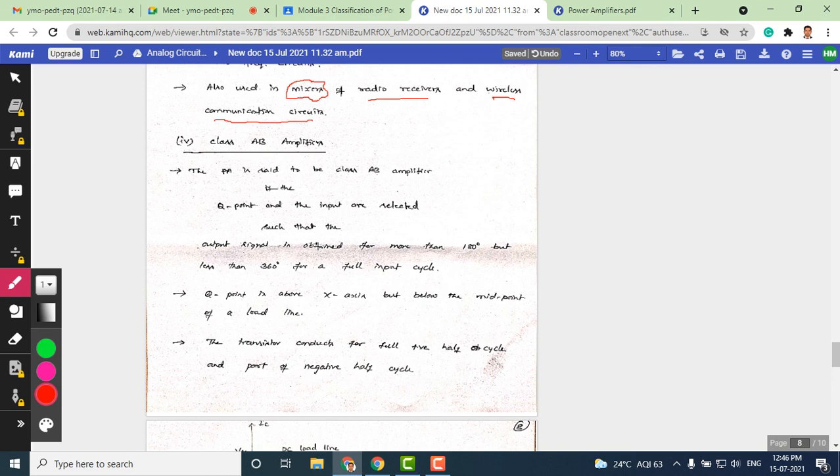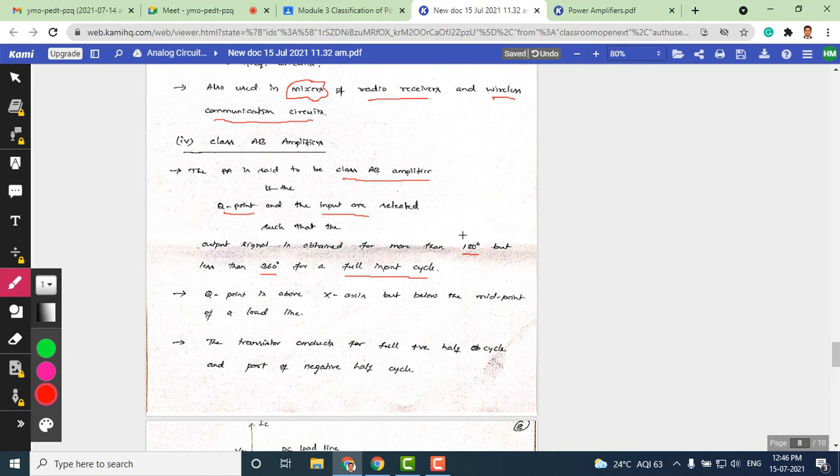Lastly, we have a class AB amplifier. This is a peculiar type of amplifier. We have seen class A, B, C, and AB. What is so special about class AB amplifier? The power amplifier is said to be a class AB power amplifier if the Q point and the input are selected such that the output signal is obtained for more than 180 degree, less than 360 degree of the full input cycle.